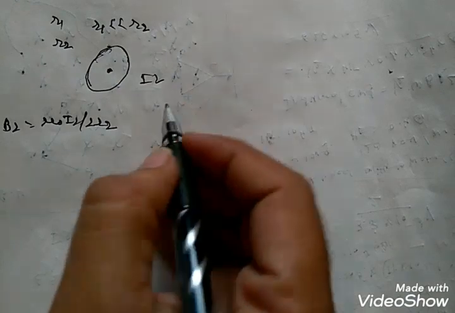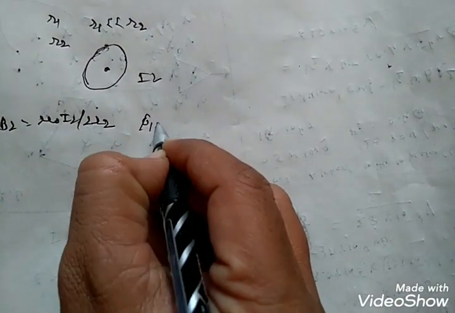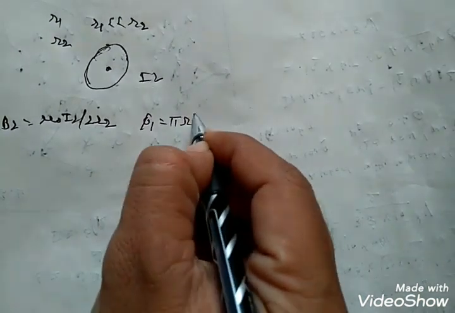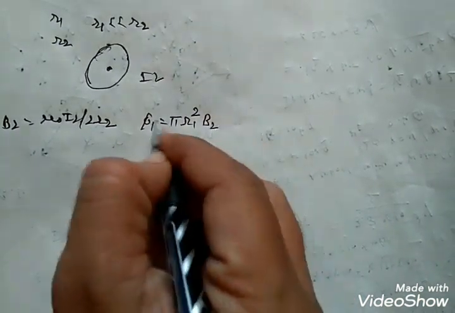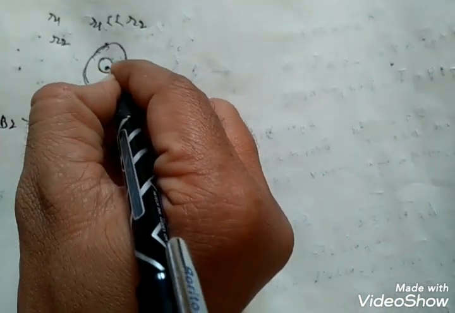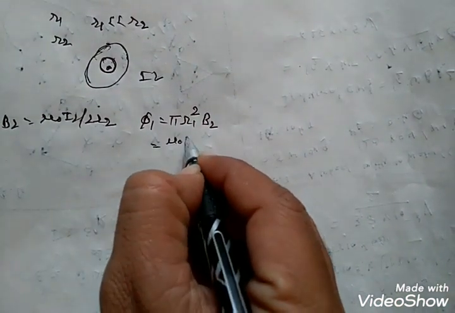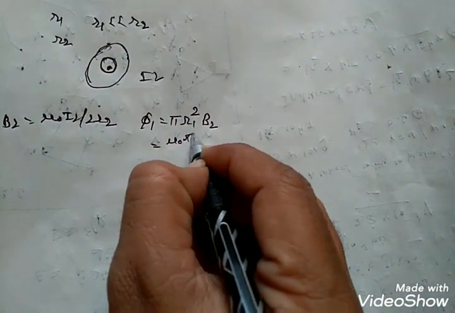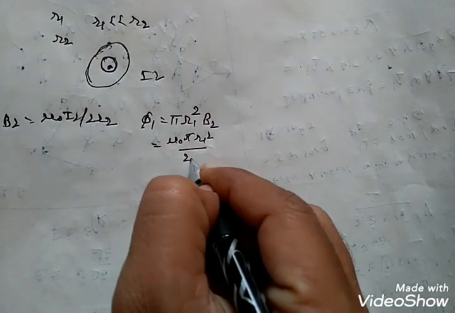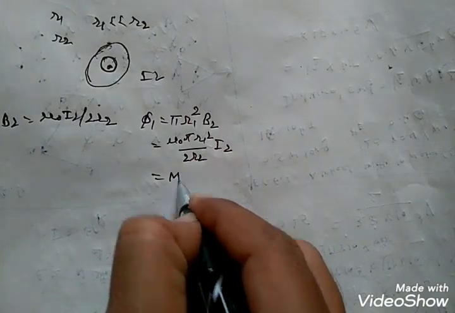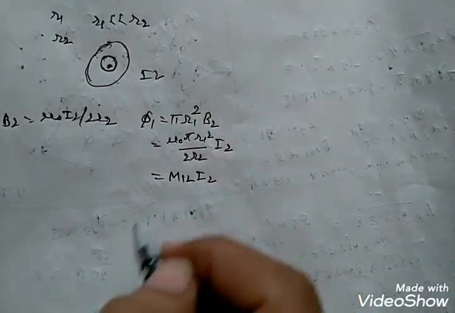Since the other coaxial coil has a very small radius, B2 may be considered constant over its cross-section area. So phi 1 is equal to pi R1 square B2, which is equal to mu 0 pi R1 square upon 2R2 into I2, which is equal to M12 I2.